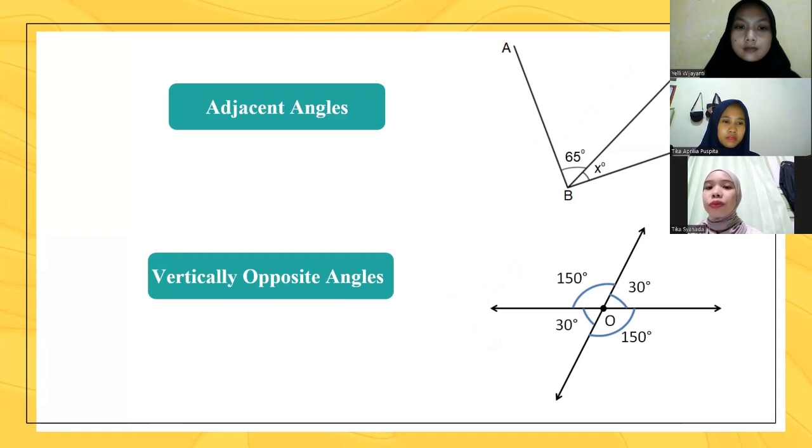And vertically opposite angles are two angles formed opposite to each other when two lines intersect at a common point or vertex. So in the figure given below, we can see angle POR equals angle SOT and angle POS equals angle ROT.